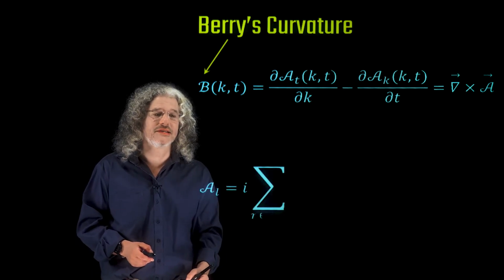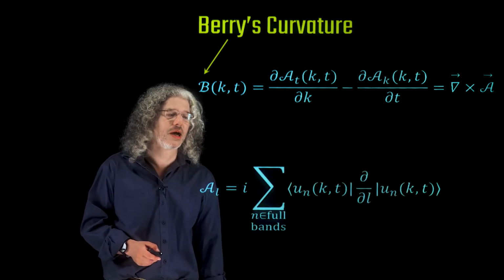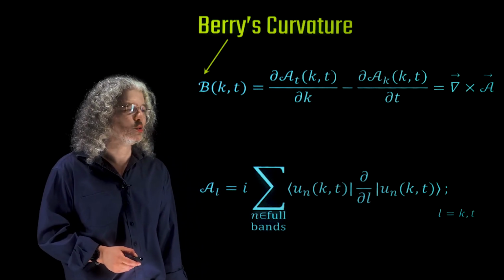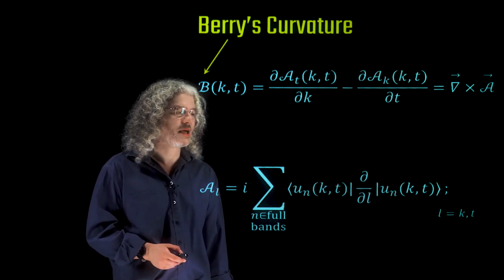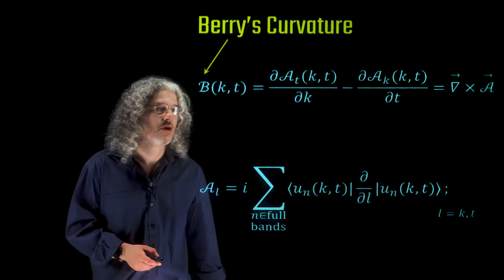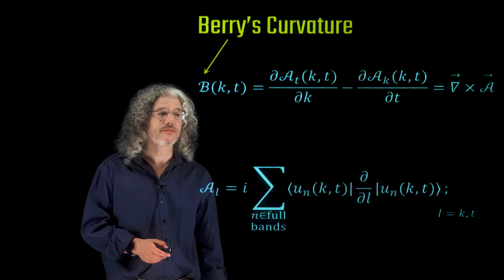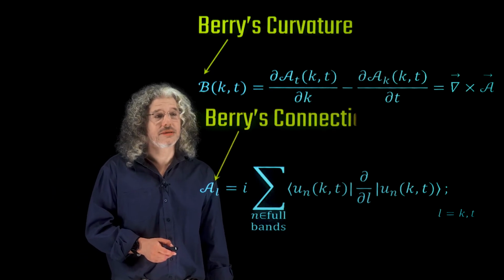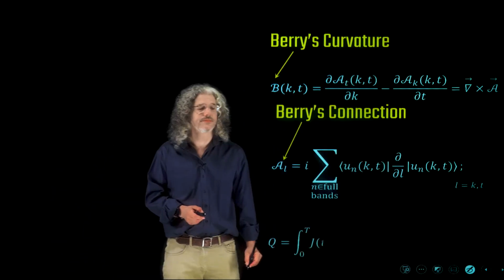Now, this A is by definition given by <u|∂_l|u>, where l is either k or t. These are the components of A, and A_l is the Berry connection.